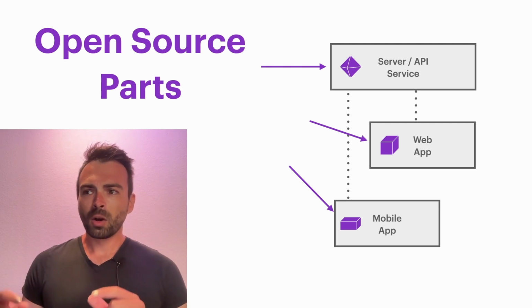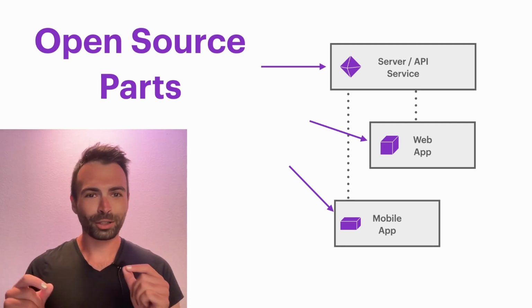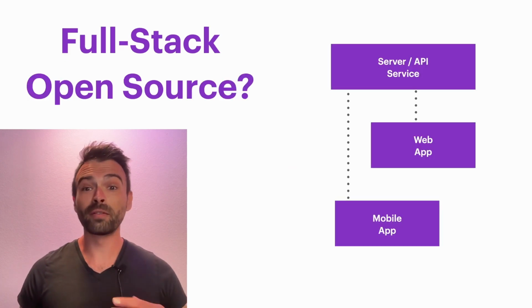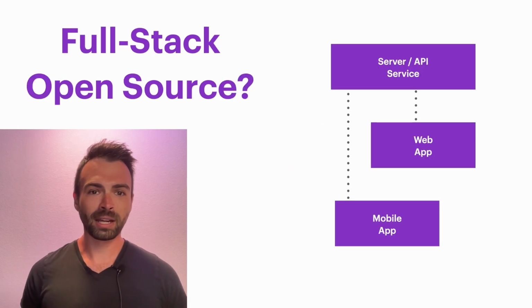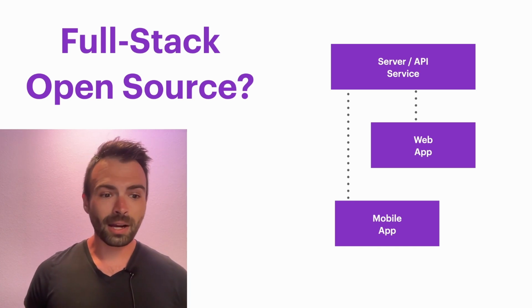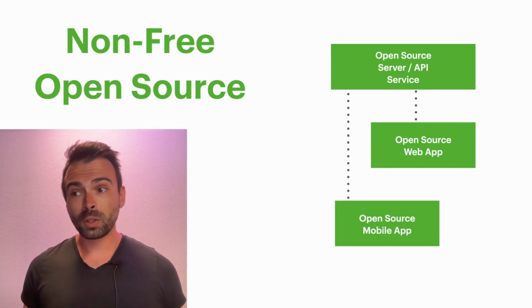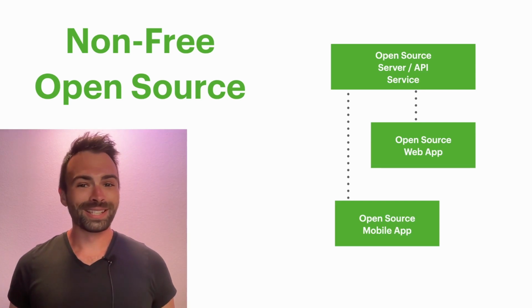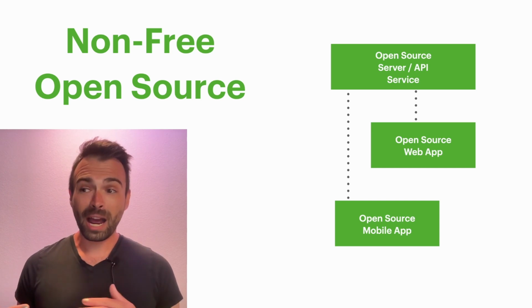But still, only distinct parts of the application are open source. Like, what if you want to actually see the source code of the full application itself, including how all the pieces are tied together? Well, that does exist out there. There are actually quite a few source available applications, and some of them are actually open source.